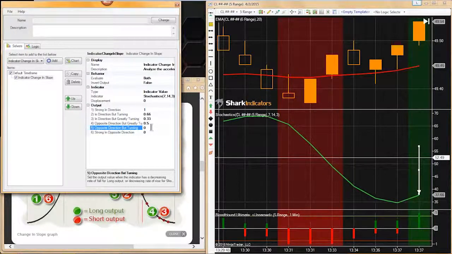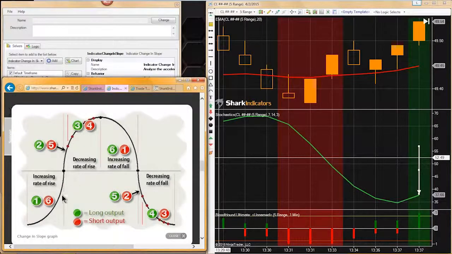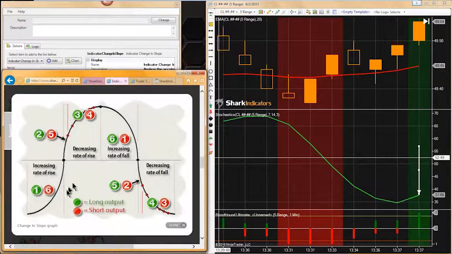Essentially that's the core of the solver: it allows you to get an indication of where your indicator is in this cycle chart. And of course, you just set the outputs for whatever part of the cycle of the indicator applies to your system.